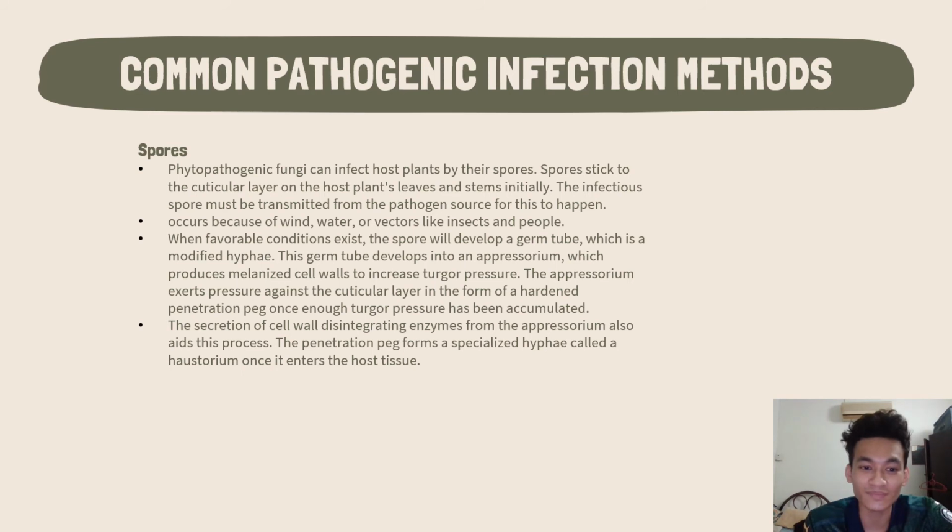The appressorium exerts pressure against the cuticular layer in the form of a hardened penetration peg once enough turgor pressure has been accumulated. The secretion of cell wall disintegrating enzymes from the appressorium also aids this process. The penetration peg forms a specialized hypha called a haustorium once it enters the host tissue.